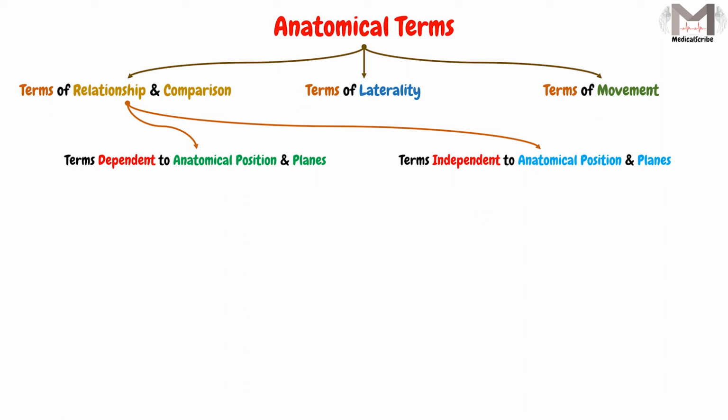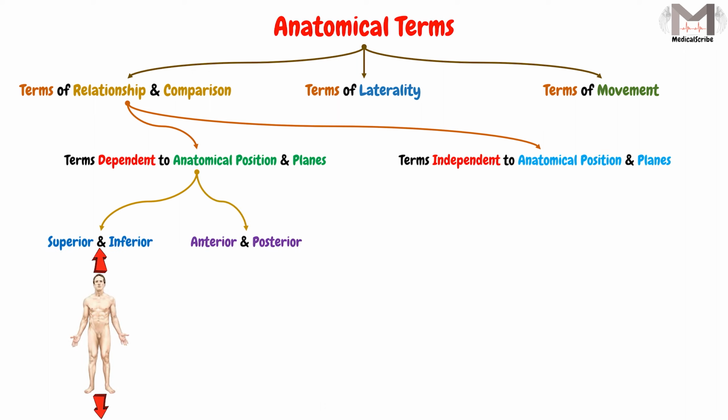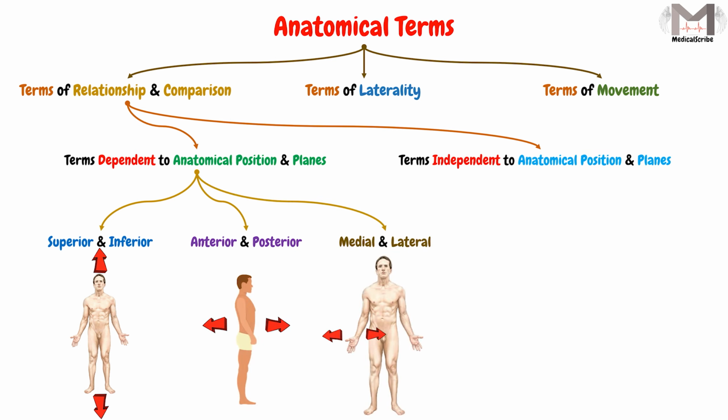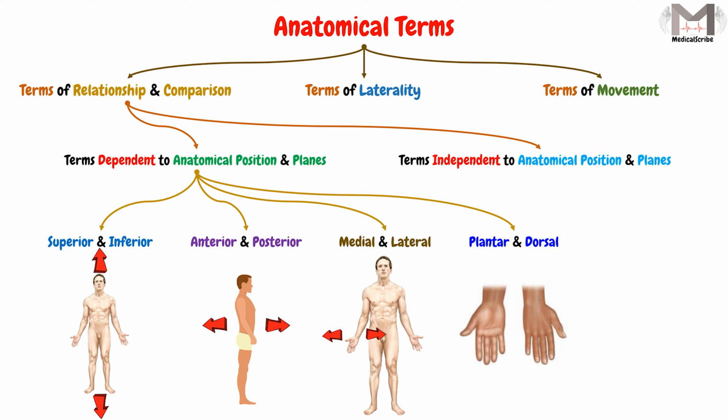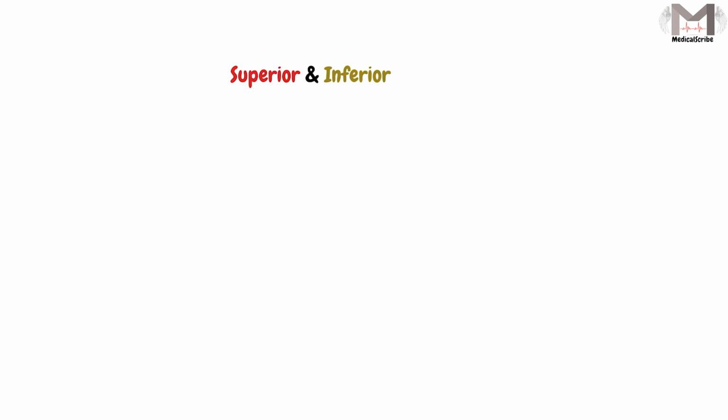Regarding the first subgroup, it has many terms that we will take one by one, which are the superior and inferior, the anterior and posterior, the medial and lateral, the plantar and dorsal, and also combined terms that combine more than one subgroup. And today we will talk about the superior and the inferior.